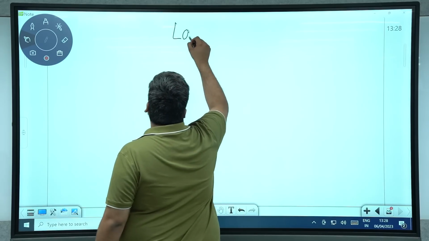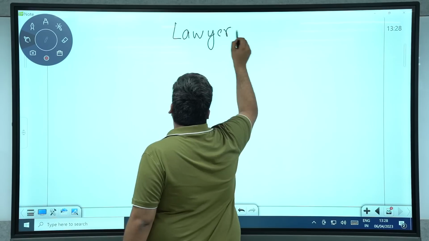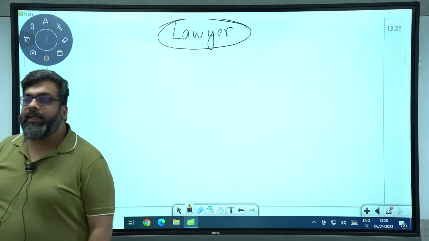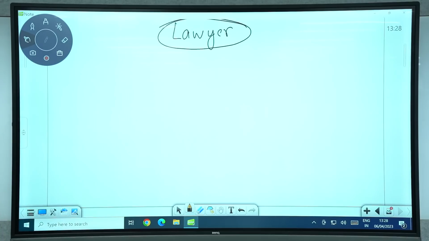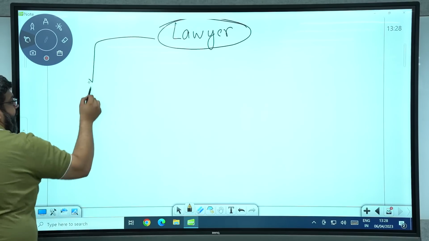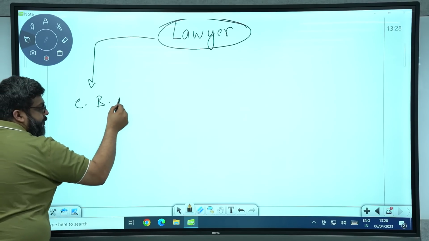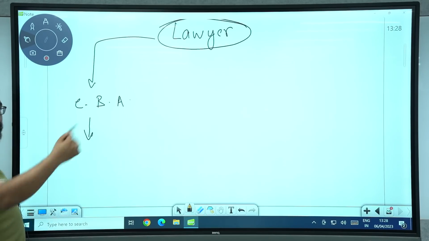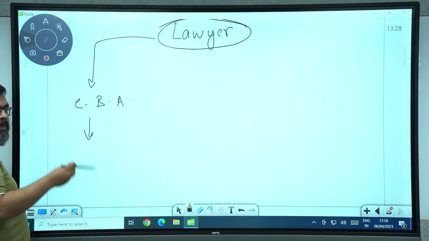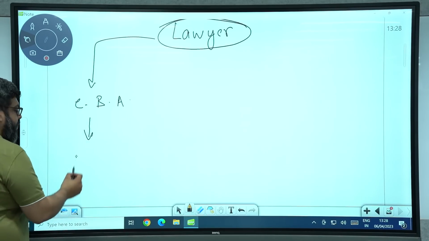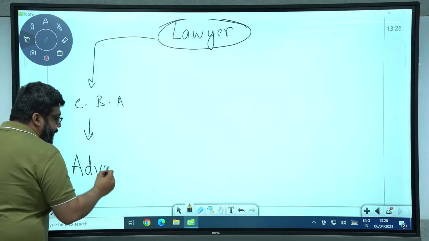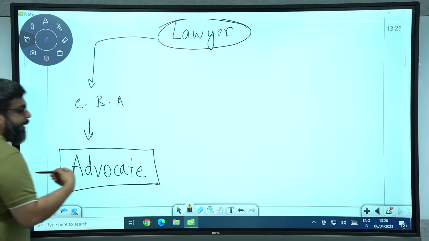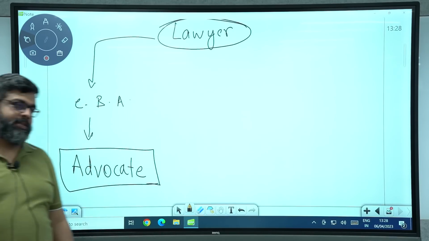The overall term is lawyer. Anybody who has a law degree is a lawyer. But a person who is enrolled in a bar association and is practicing in a court of law, is a registered member of a bar association, is an advocate, governed by the Advocates Act.